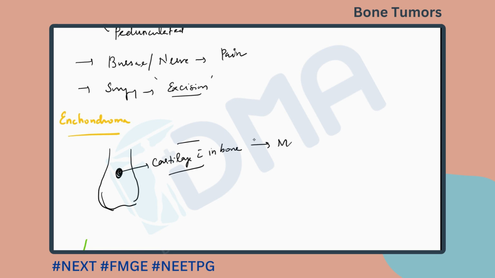Enchondroma is most commonly seen in the bones of the hand region. You treat enchondromas by curettage.